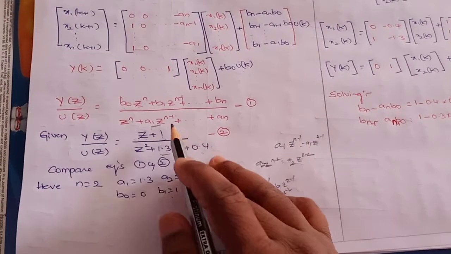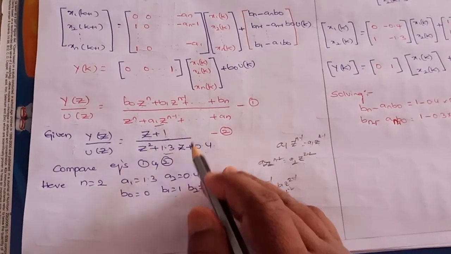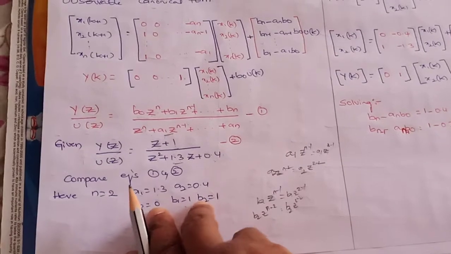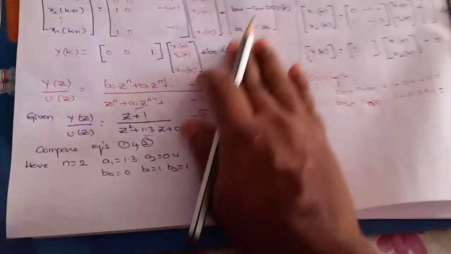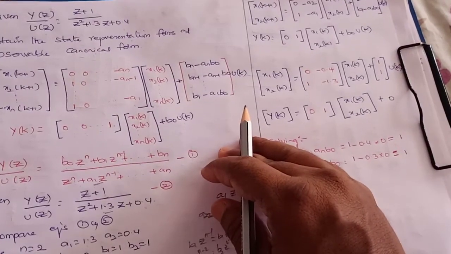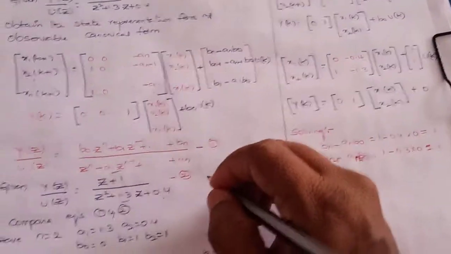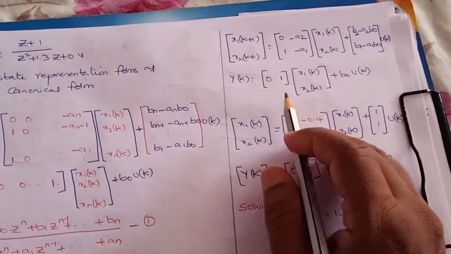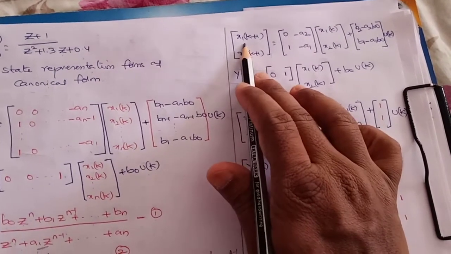We have compared both equations 1 and 2 and got the values a1, a2, b1, b2 and b0.